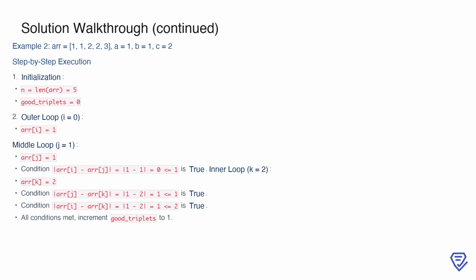Moving to the inner loop where k equals 2, arr[k] is 2. The second condition, the difference between arr[j] and arr[k], equals 1 and satisfies b less than or equal to 1. The third condition, the difference between arr[i] and arr[k], equals 1 and satisfies c less than or equal to 2. All conditions are met, so we increment good_triplets to 1.